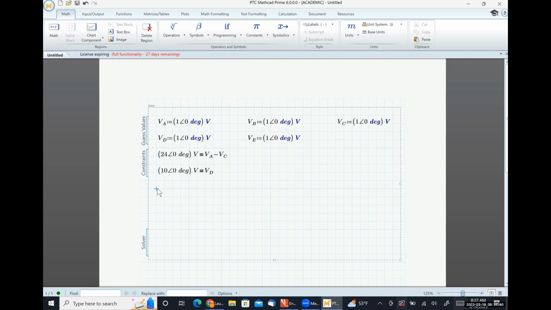And again, if you have any question, yes, sir. Control equals. So I use shift colon in my guess values section, and I use control equal in my constraints section. So let me just show you guys something really quick here. I'm going to replace this equal sign with a shift colon sign, or at least I'm going to try to.